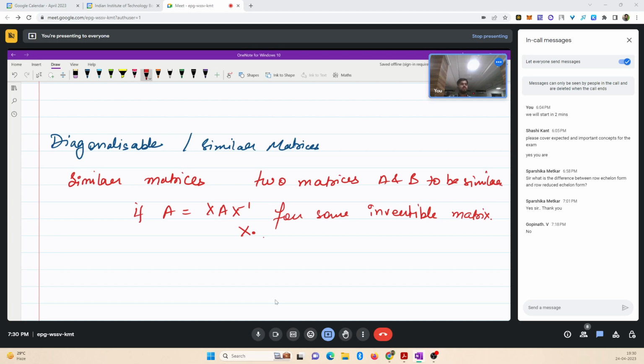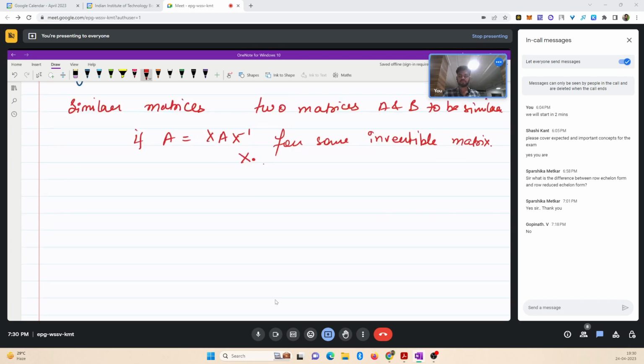So we are talking about eigenvalues and eigenvectors. Let's say you have a matrix A, and you found this thing, the determinant of A minus lambda I. When you were solving the determinant of A minus lambda I equal to 0, you were getting an equation.